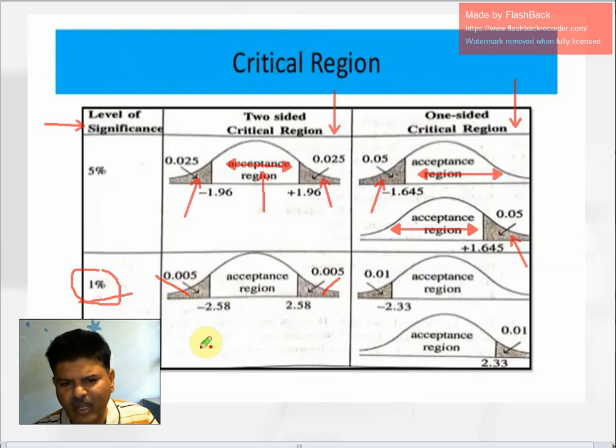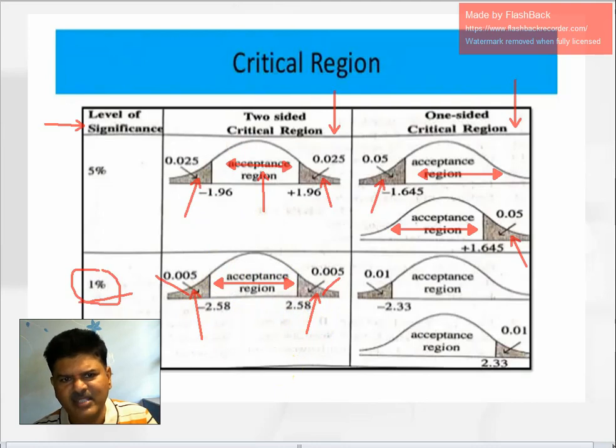If any value of z falls in this area, then we have to reject the null hypothesis. And if the value falls in this area, which is my acceptance area, we have to accept the null hypothesis. So this is all about the two-sided critical region.